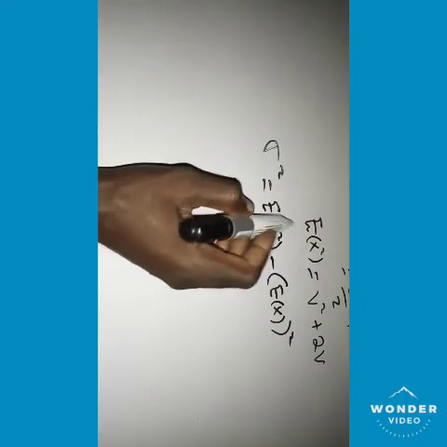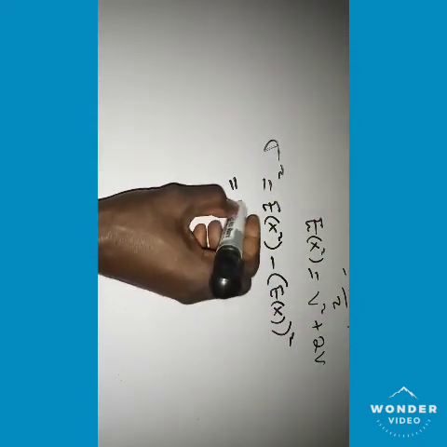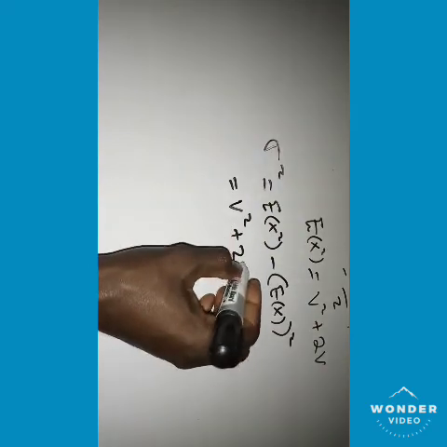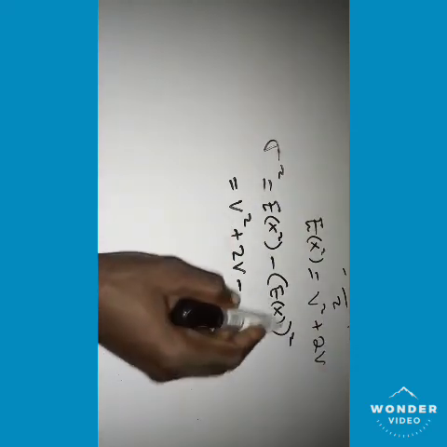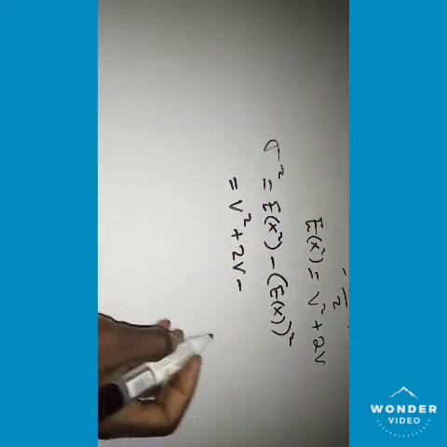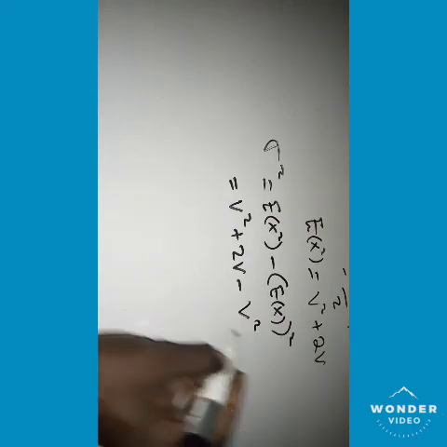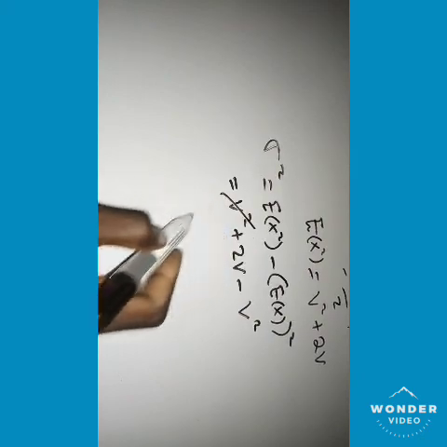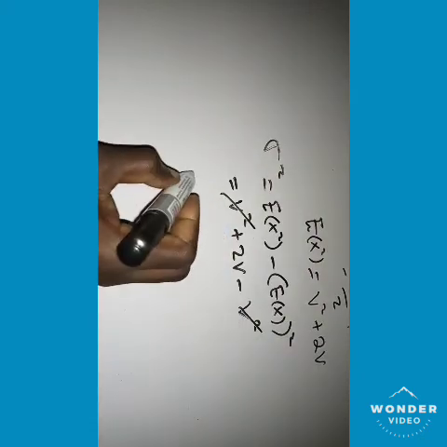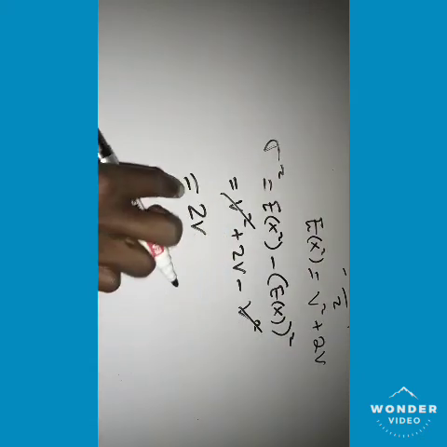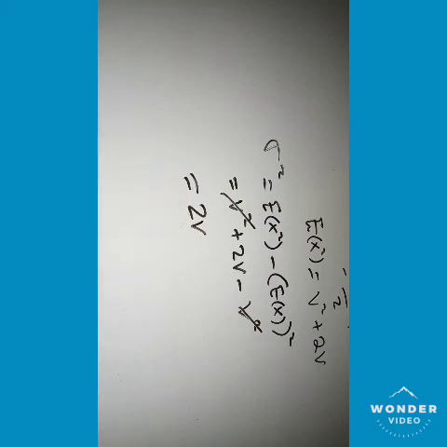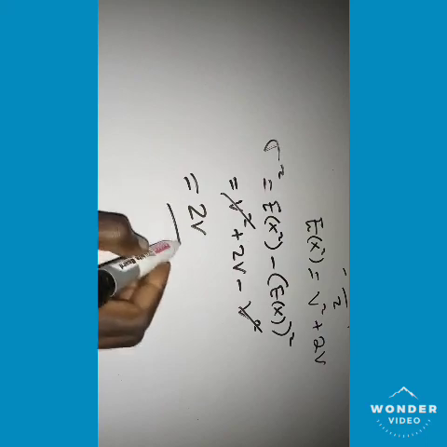By substituting, here we have v squared plus 2v minus, this is the mean we have found, so this is v, but we have to square it, so v squared cancels v squared, leaving us with 2v. Conclusively, the variance of the chi-square distribution has been proved to be 2v.